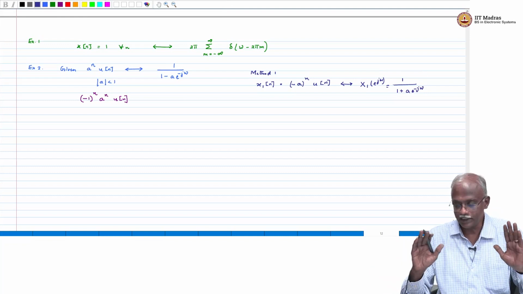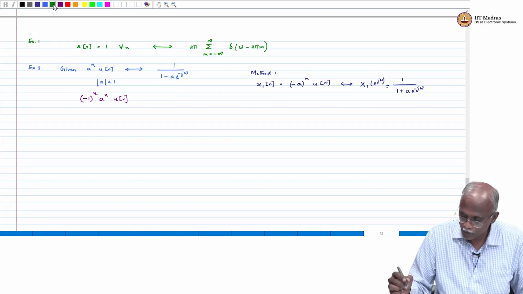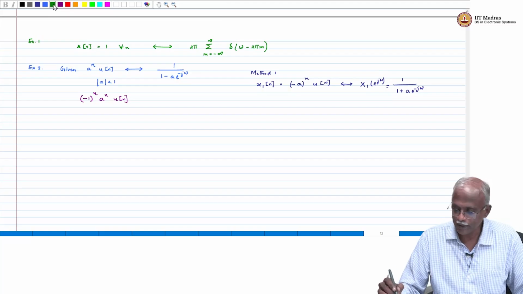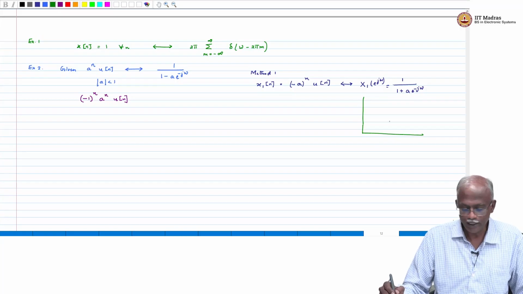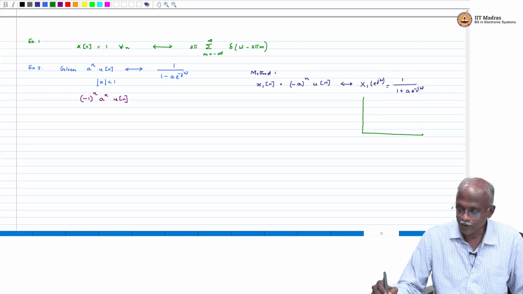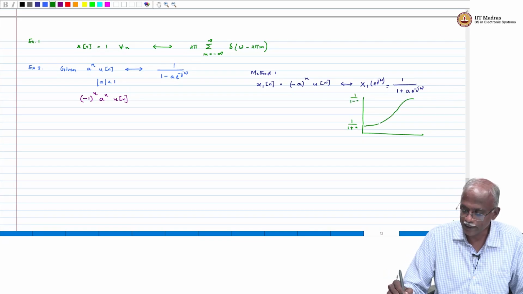And this is a correct method. Observation is a correct one, and we can also do the interesting experiment, or the calculation, that we did. We look at the response at omega equal to 0 and omega equal to pi. At omega equal to 0, you get a value 1 over 1 plus a, and at omega equal to pi, you will get a value 1 over 1 minus a.